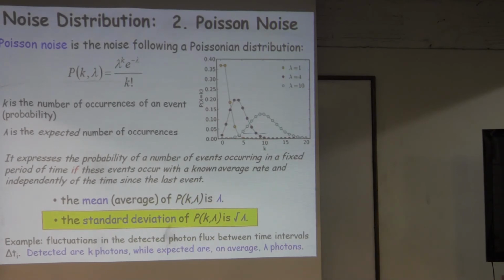It's a statistical process. The mean would be lambda. Right? I have the ideal star, and I just count all the events and I divide it by the time. So my mean arrival rate is lambda.